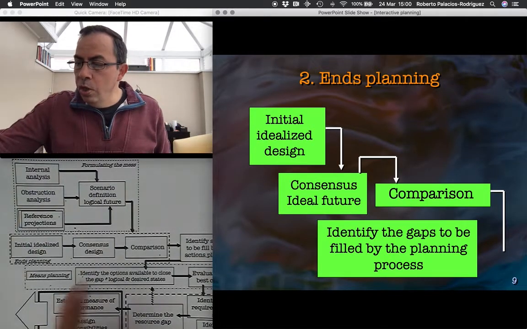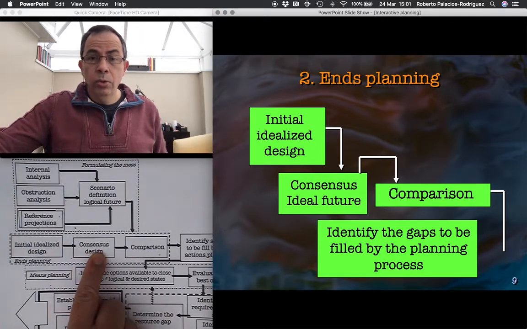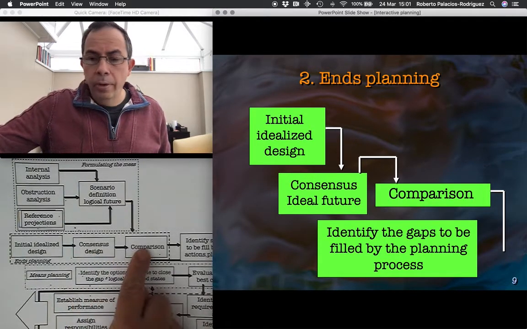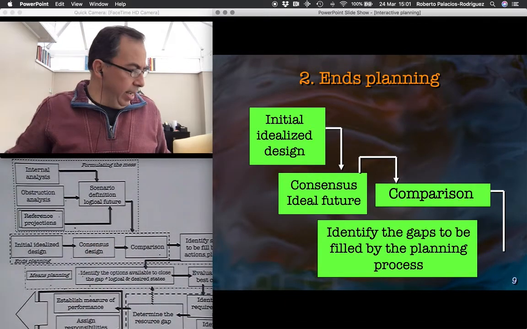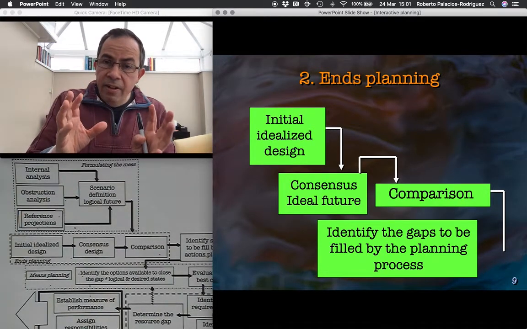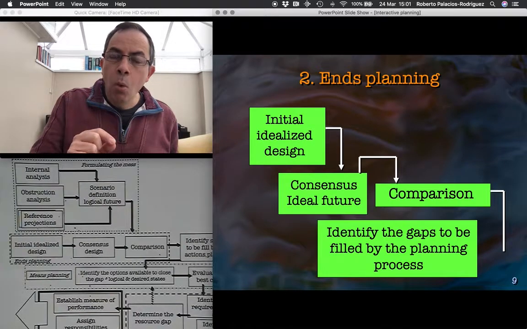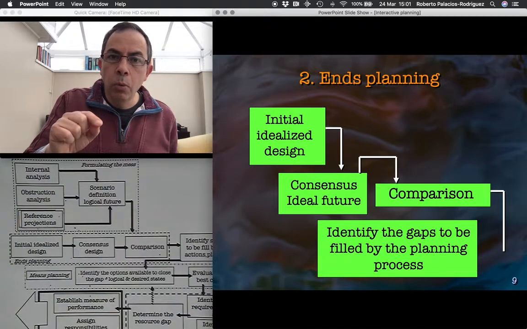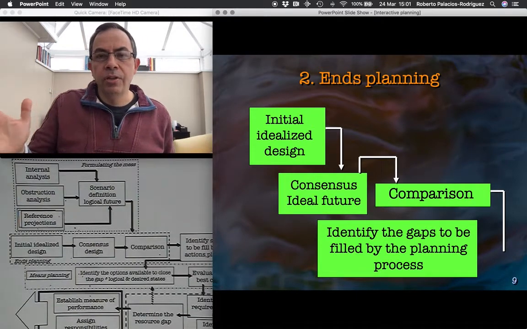So, once you have the consensus design of where we want to be, then you compare the logical future with the desired state. If there is a gap, if there is a difference between the two, this is when you need to start planning what actions you need to put in place in order to get closer to that desired state.